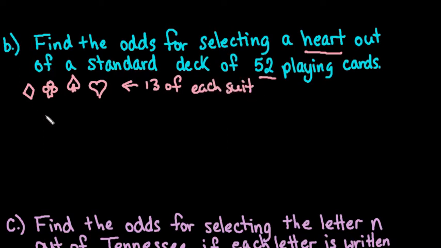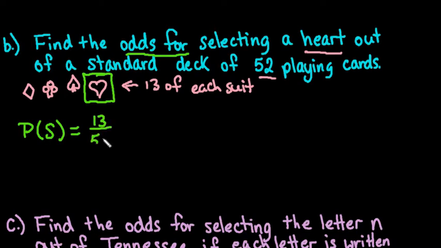Remember, because we're looking for the odds for this happening, we want to find the probability of success first. The probability of success is how likely it is to select a heart. Because we have 13 hearts out of 52, there's a 13 out of 52 probability of success.